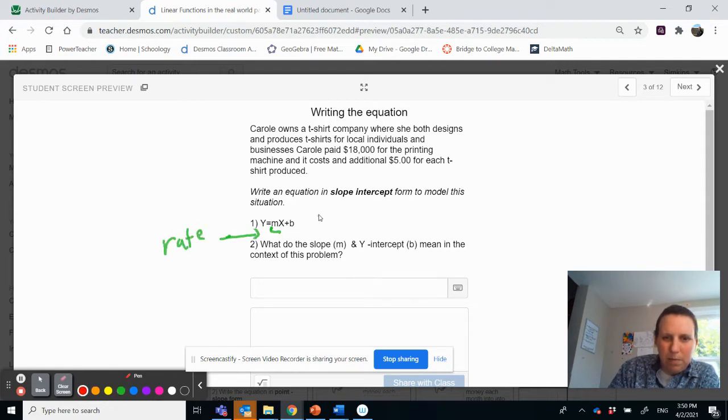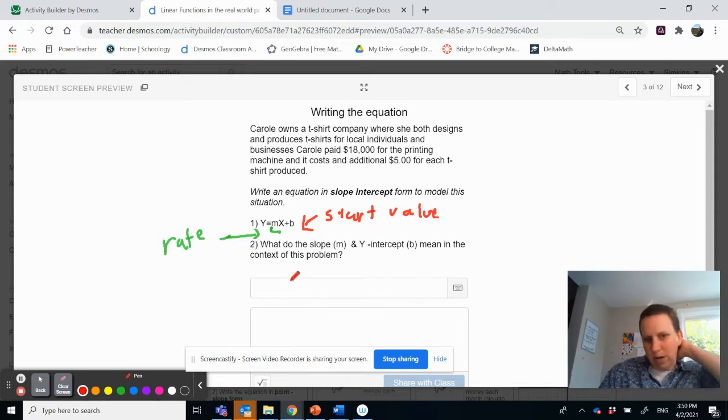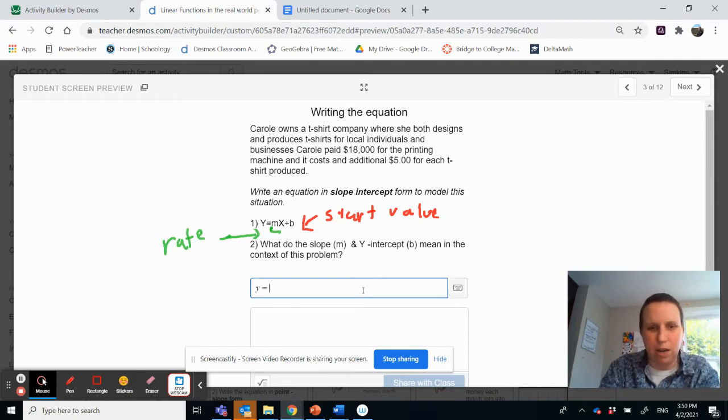And the b is the start value. And since I determined those numbers on the previous screen, I'm just going to go ahead and type this in. My equation is y equals 5, that's my rate, x plus 18,000.